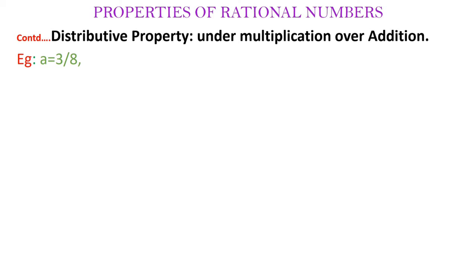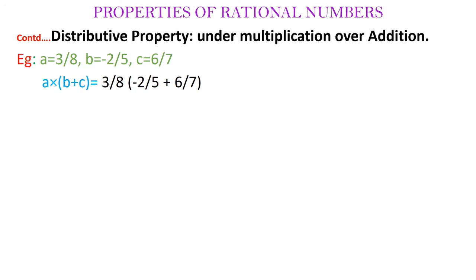a is equal to 3/8, b is equal to minus 2/5, c is equal to 6/7. So we took three rational numbers. a into (b + c) is equal to 3/8 into (minus 2/5 + 6/7).